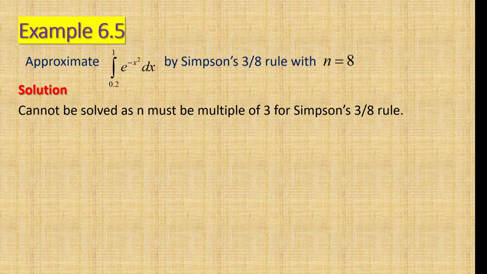Now we are going to estimate using Simpson 3/8 rule with n equal to 8, like example 6.1 and 6.2 just now. You notice here n equal to 8. Can you use Simpson 3/8 rule or not?